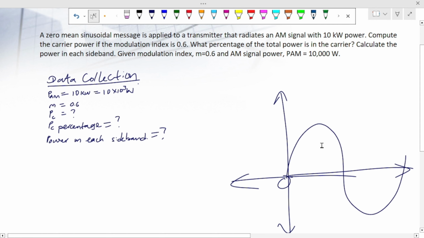The highest point and the lowest point are positive and negative, so the center, the mean, is 0. That's the simple meaning of a zero mean sinusoidal message. It's nothing complex. It just means that the center of the sinusoidal wave is 0.